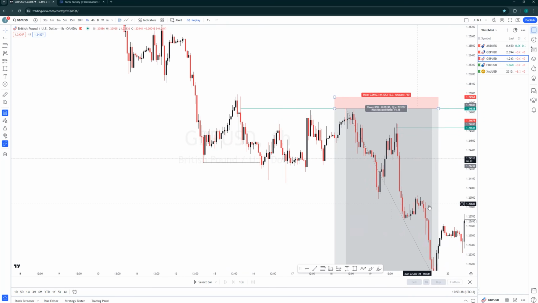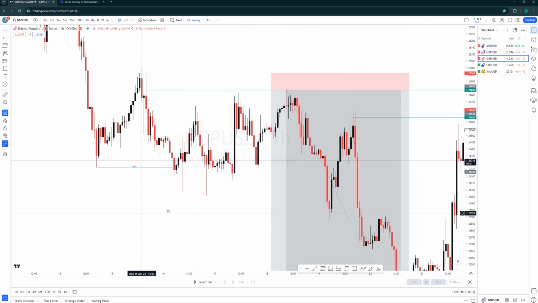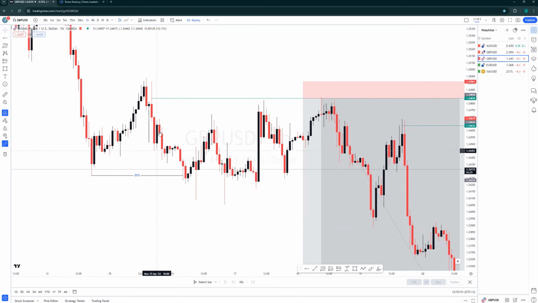As we know, in this area we had this point here. This is the break of market structure. This is the break of market structure. So after the break of market structure, we see that we have inside formation, multiple inside formations. We have this one, but also we have this one, but also we have this one.